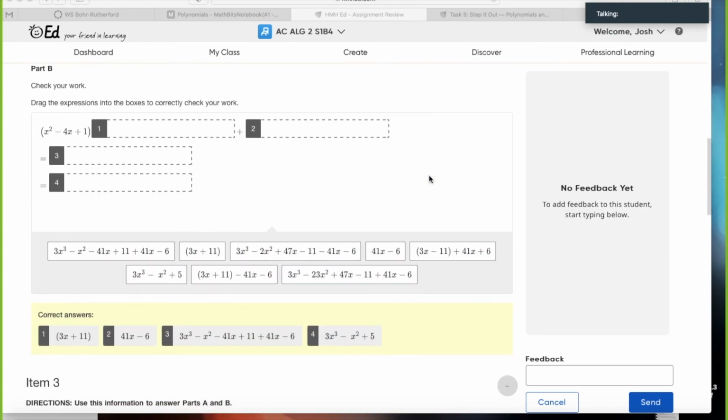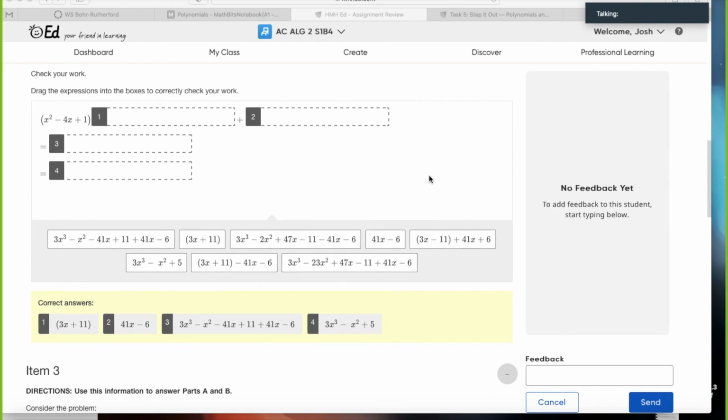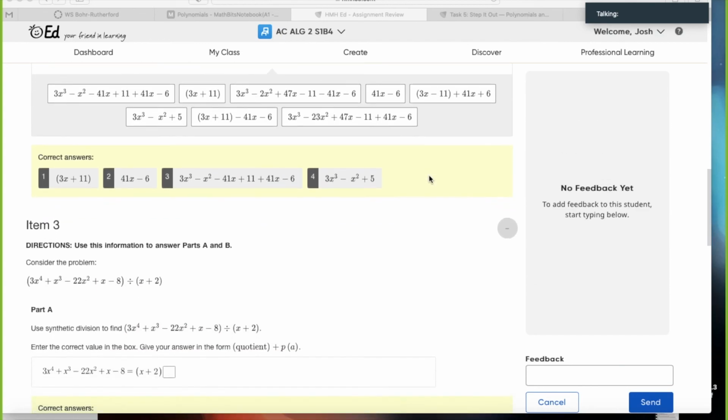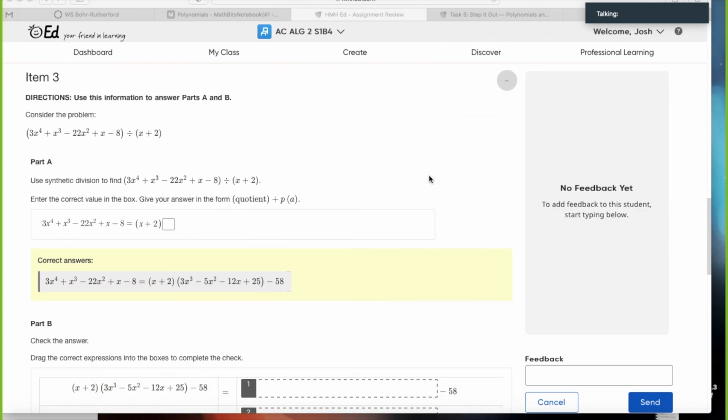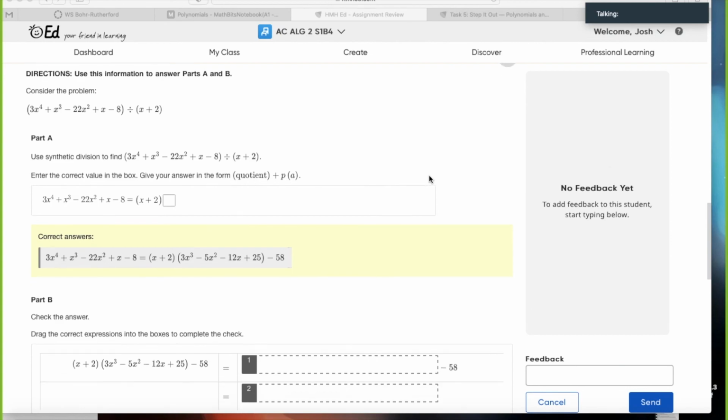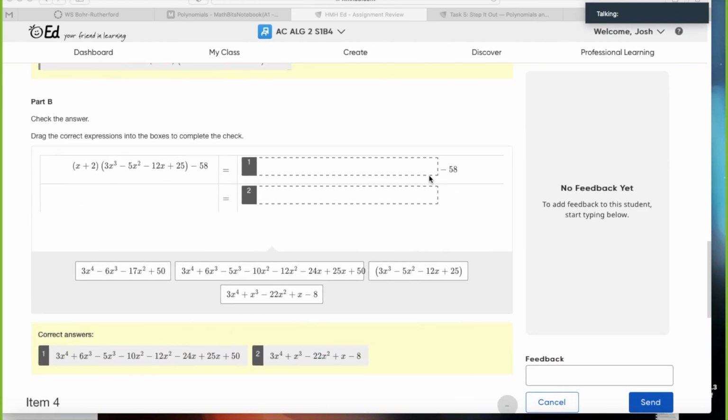But here are the answers for part B, just to make sure. Again, I think we got that one right. The only one that I was unsure of was the last one. So here's item 3. Set up in their weird fashion, which makes a lot of sense why they do it. It's just weird. I don't know. Part B.